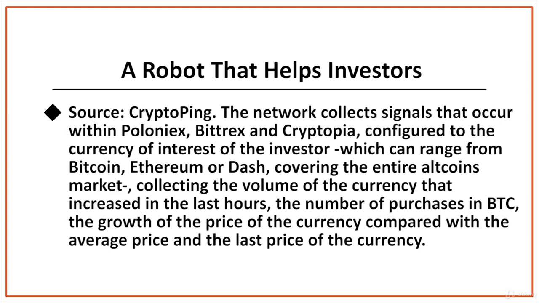The network collects signals that occur within Poloniex, Bittrex, and Cryptopia, configured to the currency of interest of the investor, which can range from Bitcoin, Ethereum, or Dash, covering the entire altcoins market. Collecting the volume of the currency that increased in the last hours, the number of purchases in BTC, the growth of the price of the currency compared with the average price and the last price of the currency.